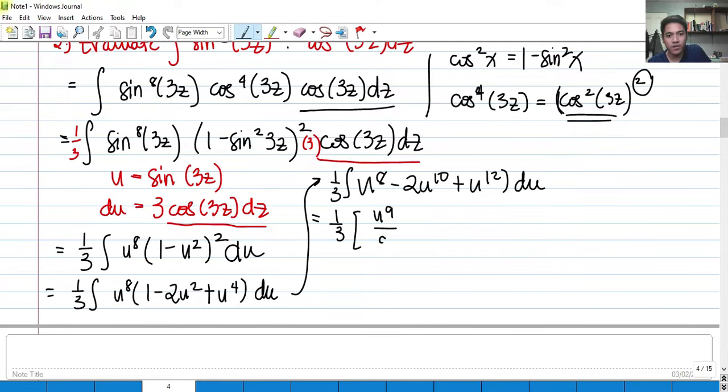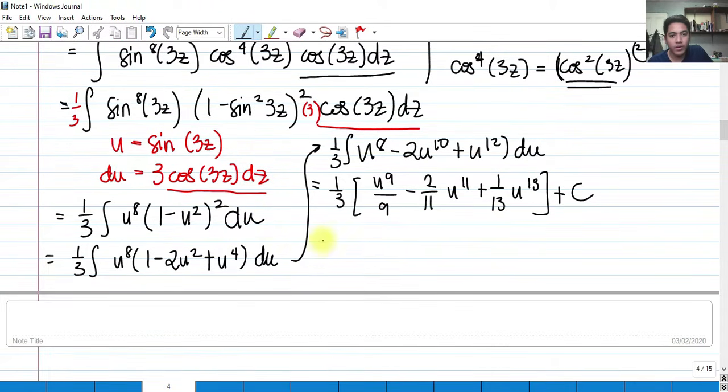This is u raised to 9 over 9 minus 2 over 11 u raised to 11 plus 1 over 13 u raised to 13 plus c. If I'm going to distribute the 1/3, we have 1 over 27 u raised to 9 minus 2 over 33 u raised to 11 plus 1 over 13 times 3 is 39 u raised to 13 plus c.